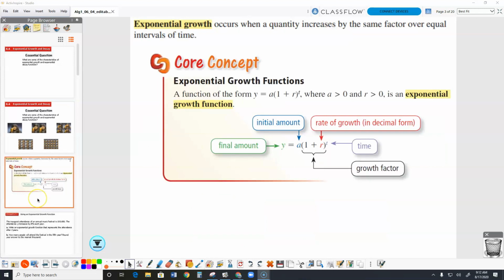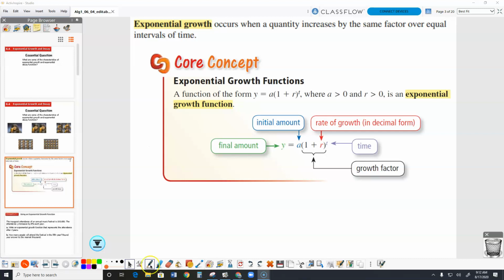All right, so let's take a look at the definition of exponential growth. Exponential growth occurs when a quantity increases by the same factor over equal intervals of time.